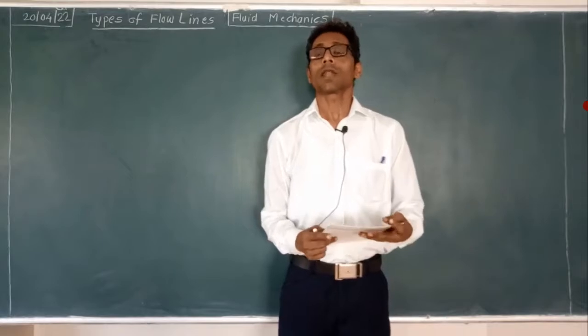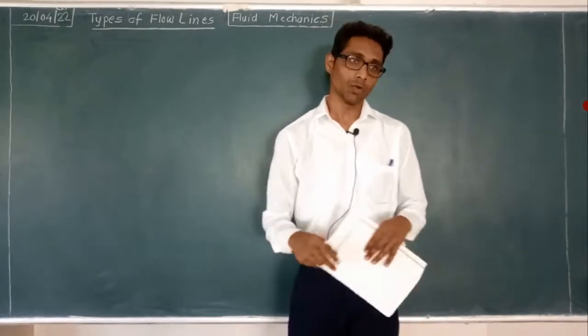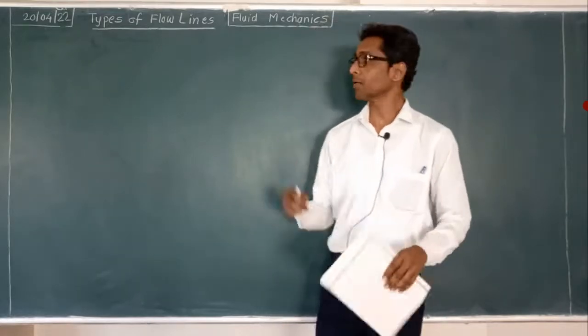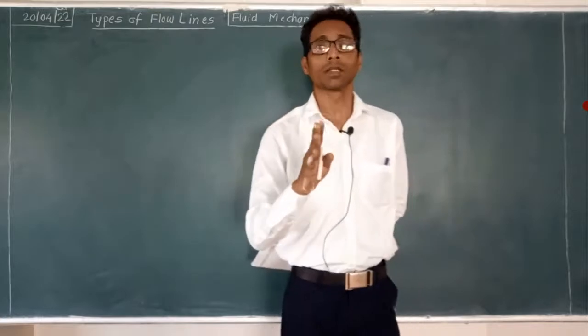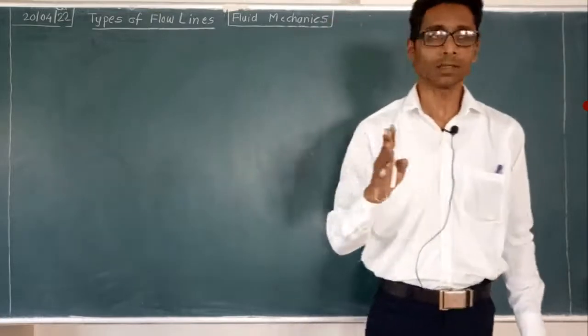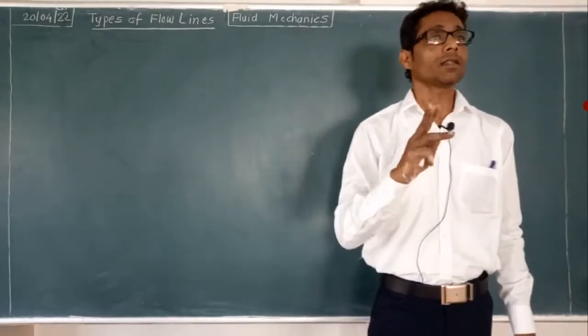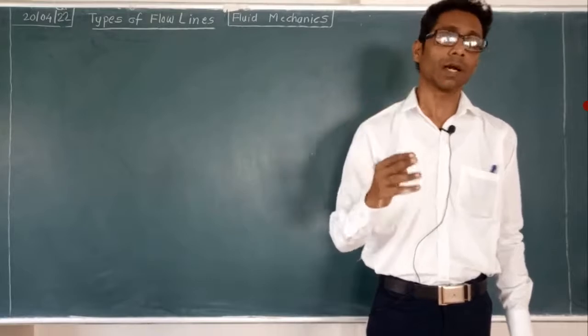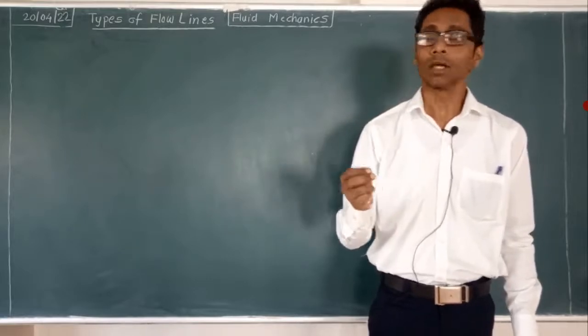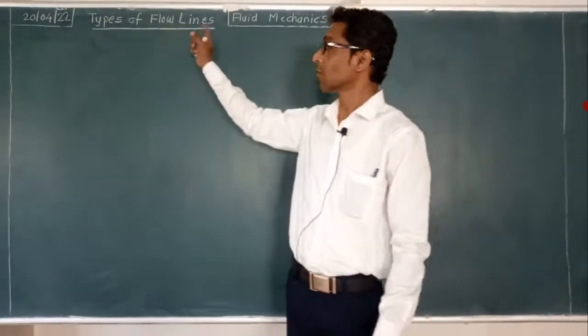Now these classifications we have to group together. Whenever flow takes place in various examples in fluid mechanics, that flow is represented by using some lines, called flow lines.